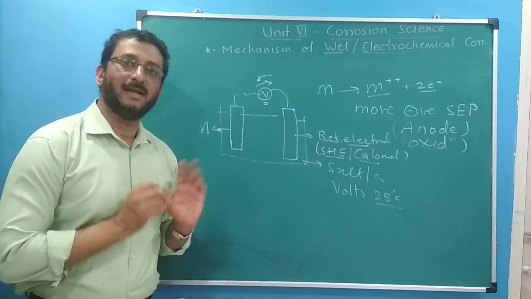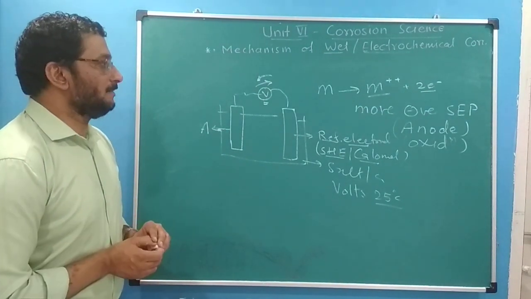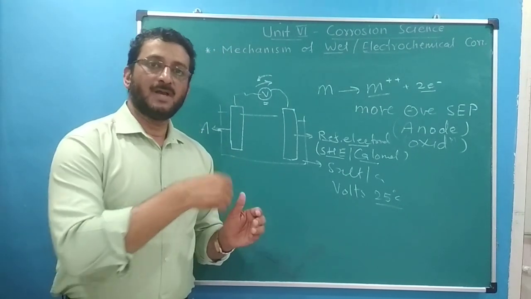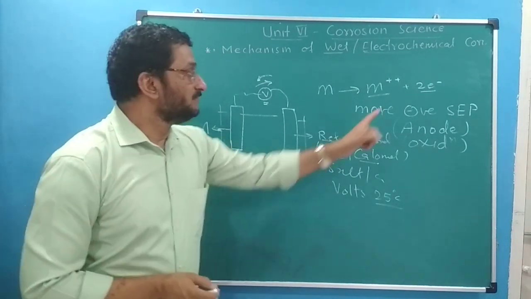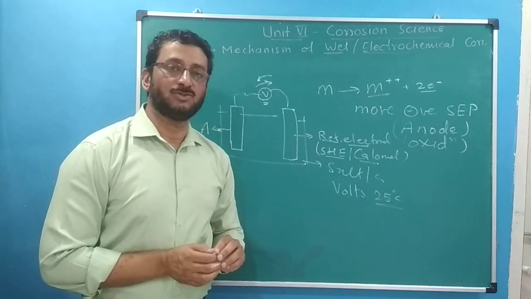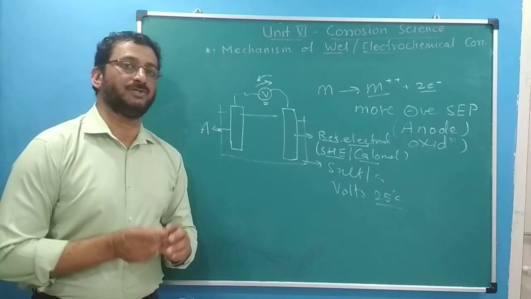Once again I repeat, the tendency of a metal to go into the solution by forming metal ions, by losing electrons when it is dipped in the conducting solution, is measured in terms of electrode potential.